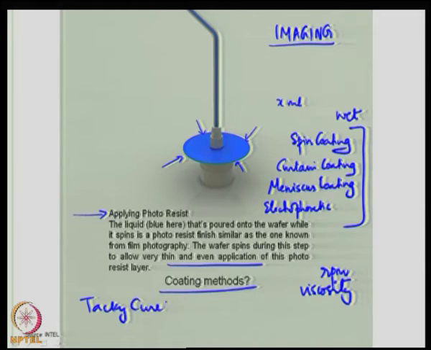That means some of the solvents will be evaporated by drying in an oven. In some cases the photoresist may have one solvent or a couple of solvents, and these have to be evaporated. Now, these solvents have to be environmentally acceptable. You can't use organic solvents that pose hazards to the environment. So, those things will be taken care of by the industry.